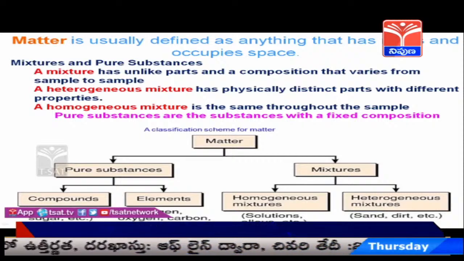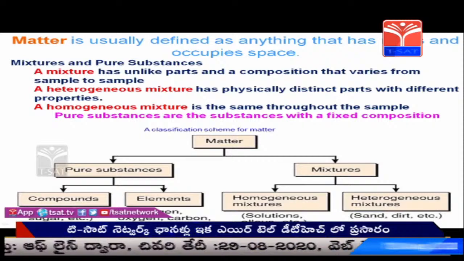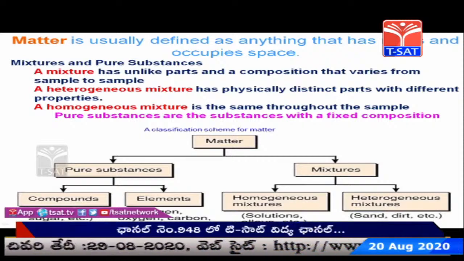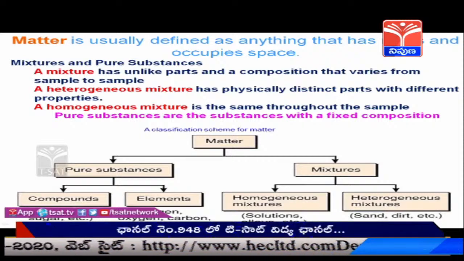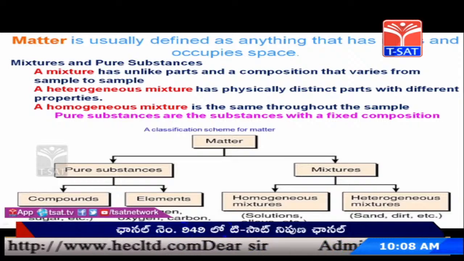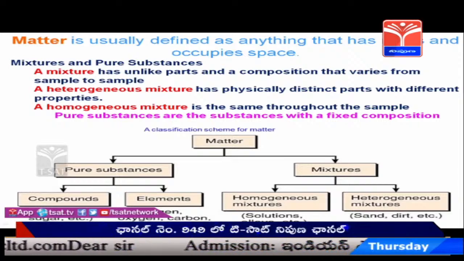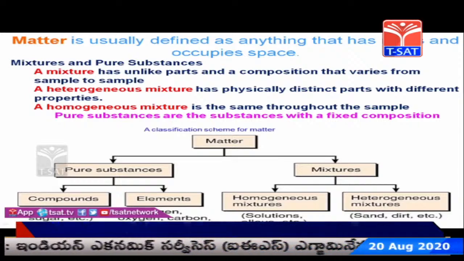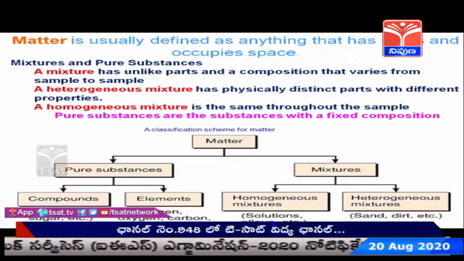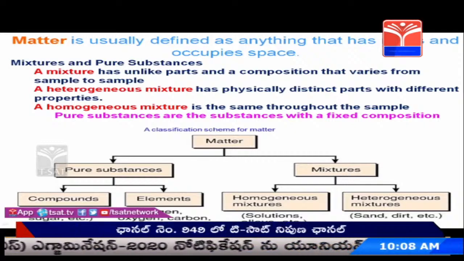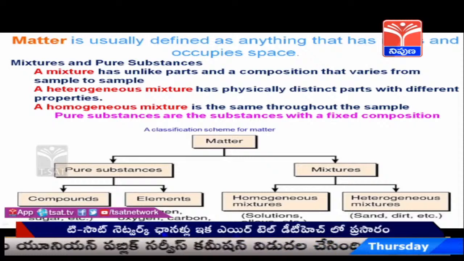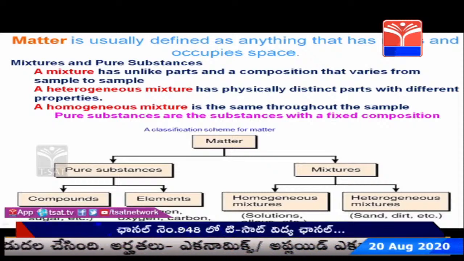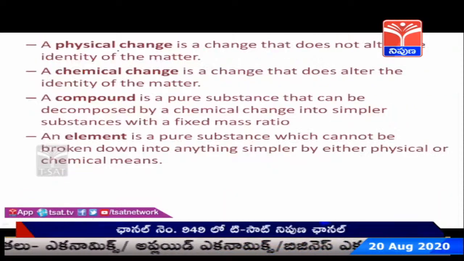Heterogeneous means the uniformity will not be seen in the substance. The particles are not alike. Different varieties and different sizes of particles we will see in the mixture. Such substances like sand and dirt are called heterogeneous mixtures.